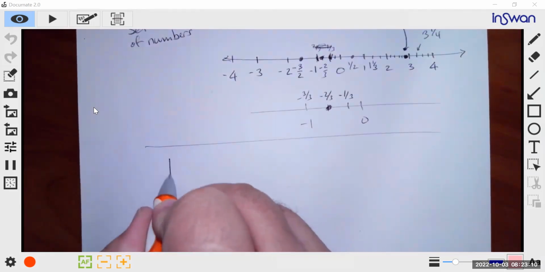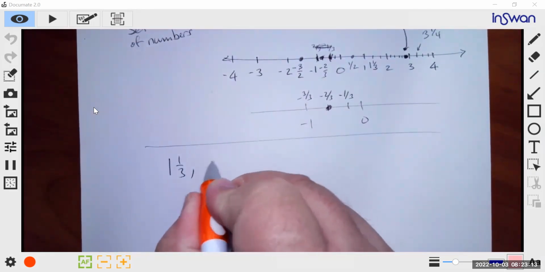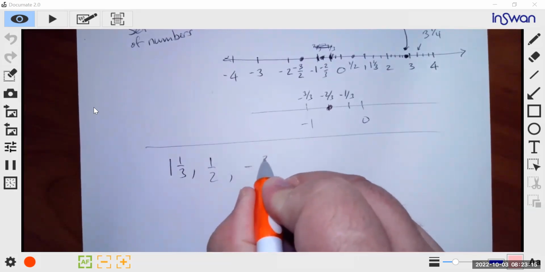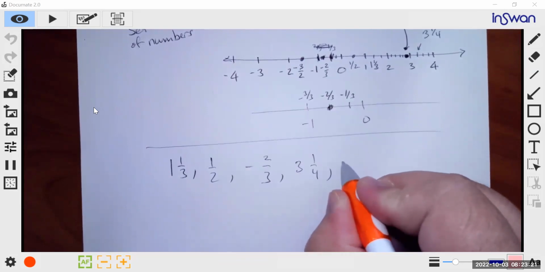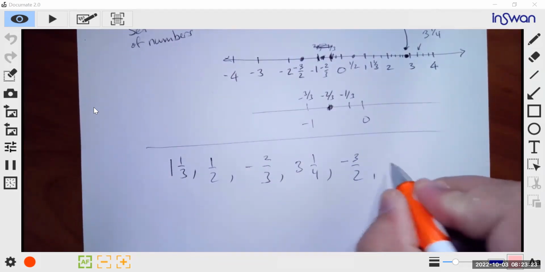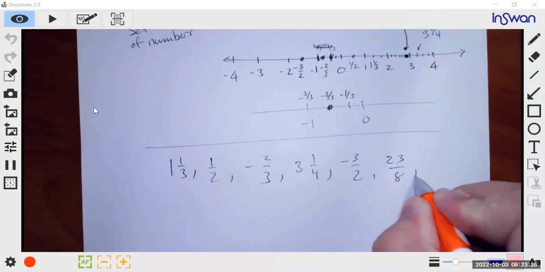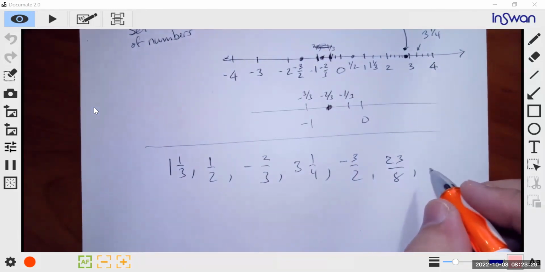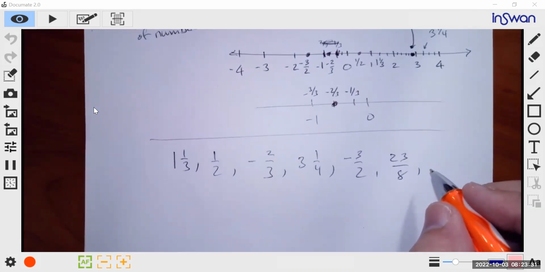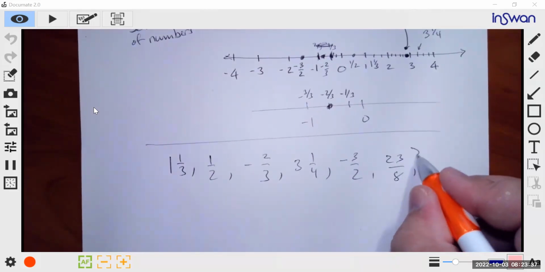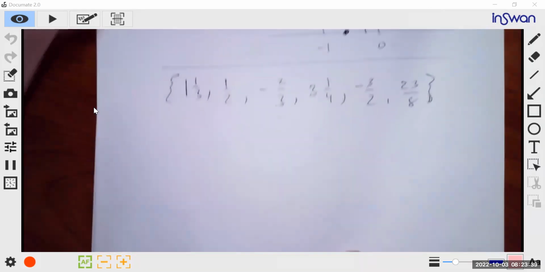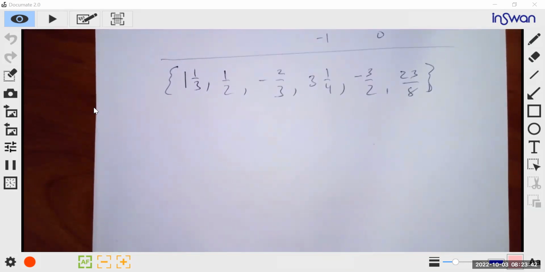So let me mix them up. Now, this was mixed up. If I gave you a bunch of numbers like this, how would you have put them in order?